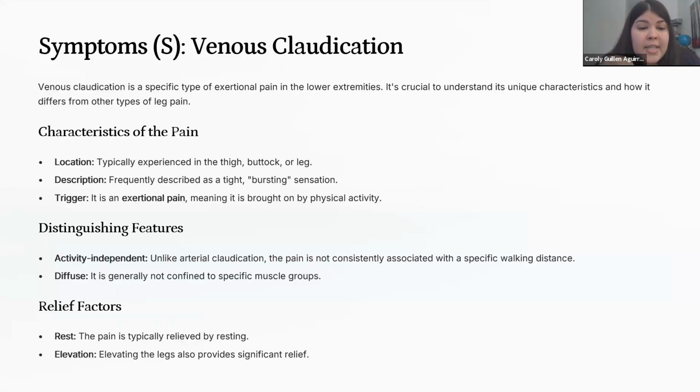It is activity dependent, so unlike arterial claudication and PAD, this is not consistently associated with a specific walking distance. And it is diffuse, generally not confined to a specific muscle group. The relief factors are rest and leg elevation.